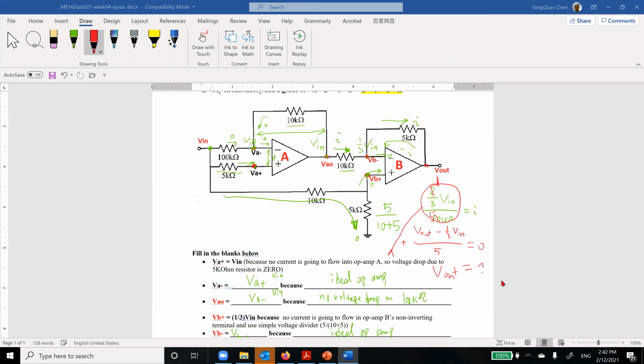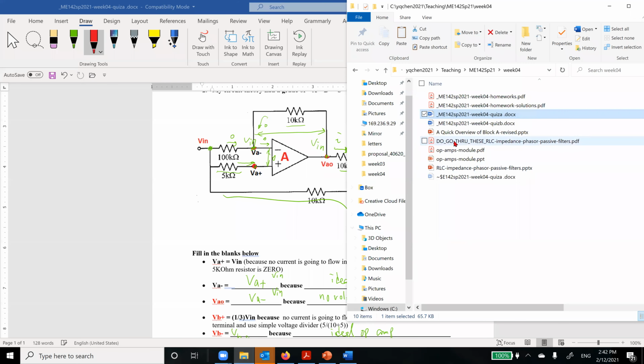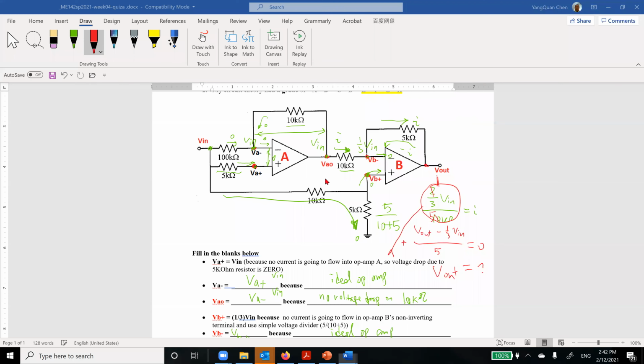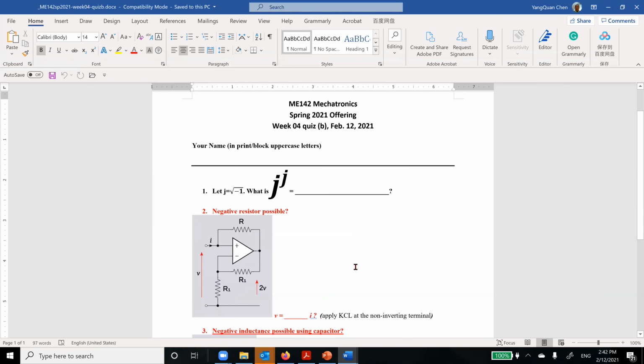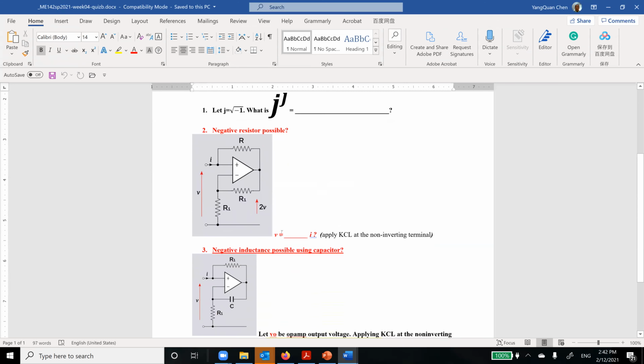So there's another one. All right. So it's not so hard, right? Today you are going to do a quiz like this. You should be able to get this one. I already asked you how to do this. You already know how to do. Write down. And then you'll see that the first one is a negative resistor.